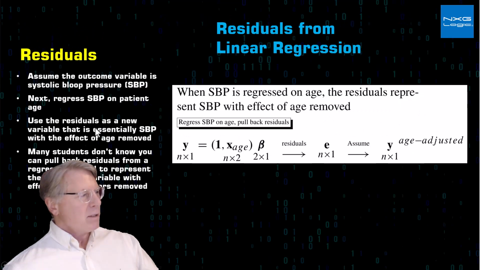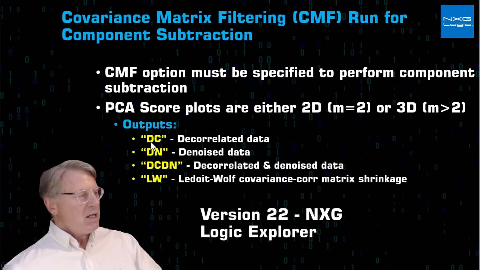So in terms of acronyms, you have DC in the output, DN in the output for denoised, and then DCDN.